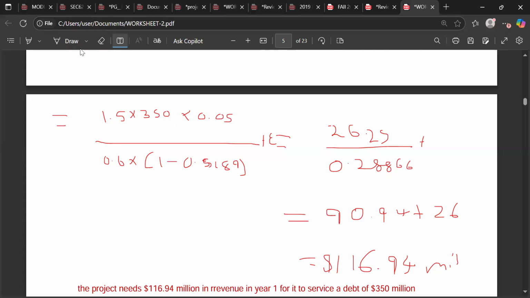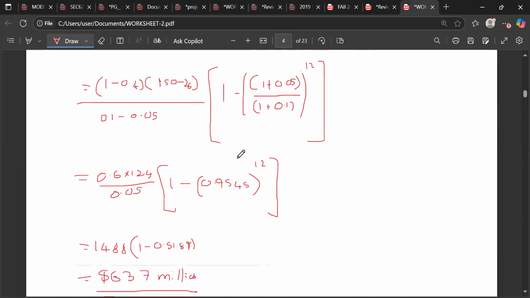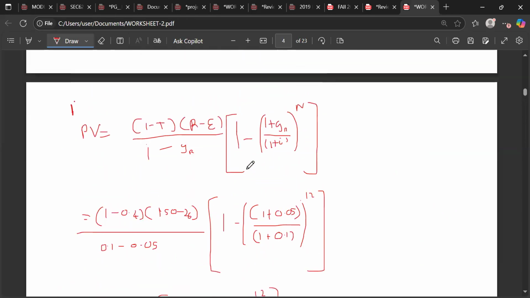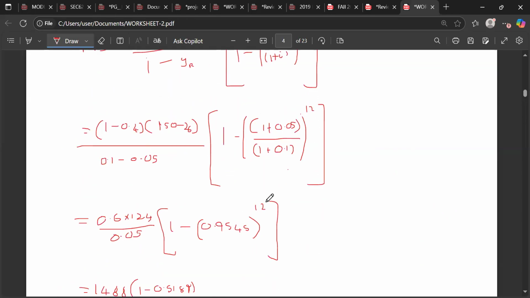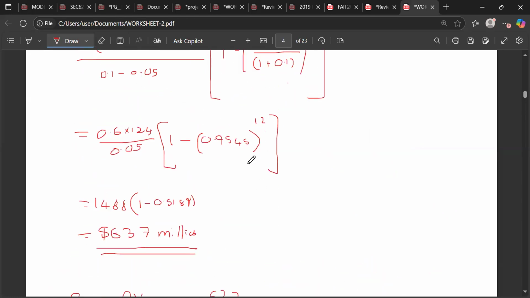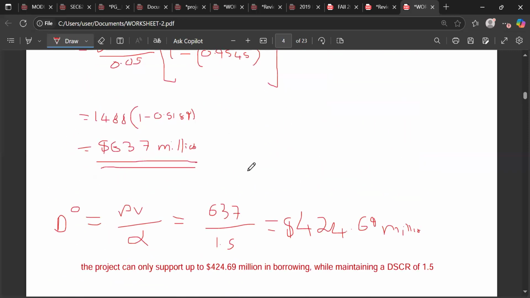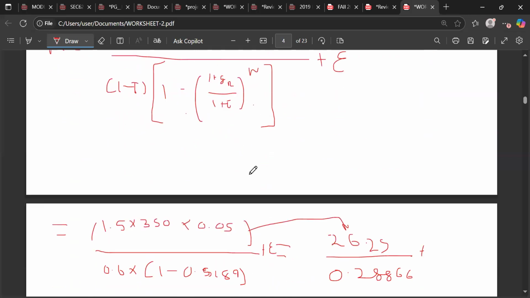This part first. For the top part, I got 26.25, just like you. Then this part, we found it earlier on in the first question. I think it's 0.427785. Maybe because of rounding off.